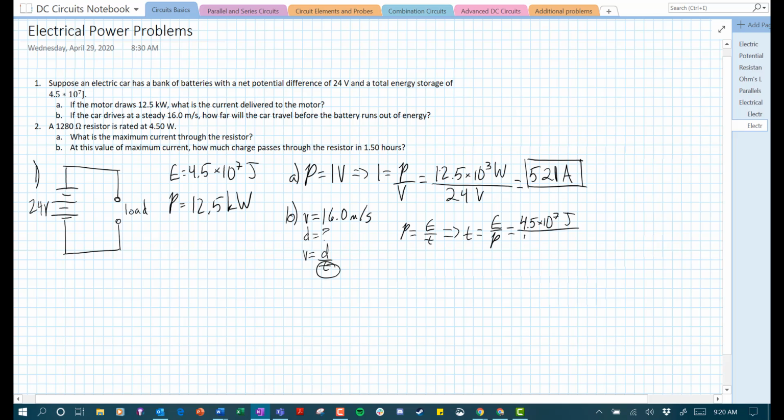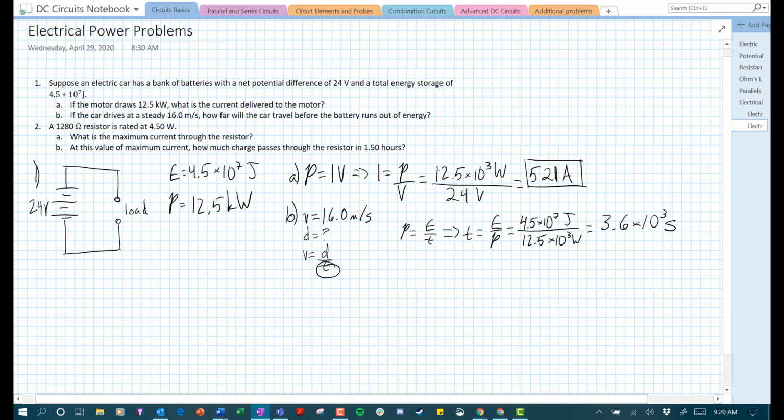And our power is 12.5 times 10 to the 3 watts. This will give us our time in seconds. Getting 3.6 times 10 to the 3 seconds.